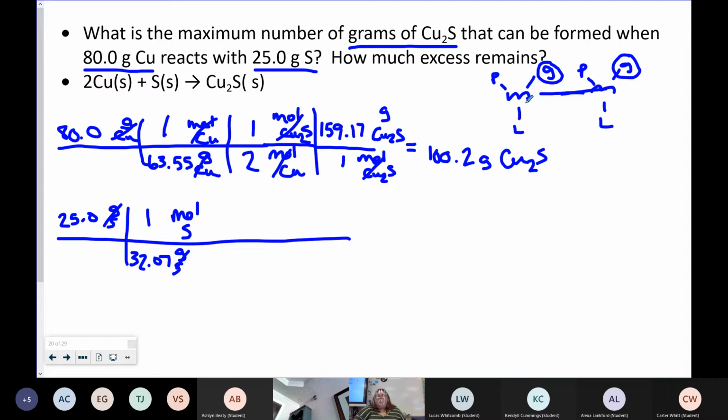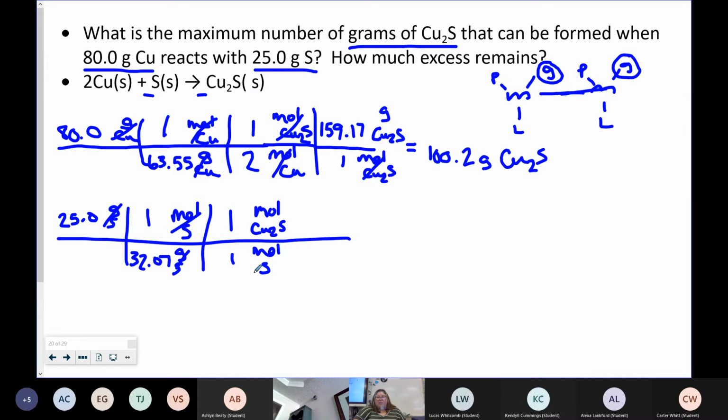So to get to grams of the copper 1 sulfide, we first have to get to moles of the copper 1 sulfide. So where should moles of sulfur go in our next step? Yep, down at the bottom. So change into moles of the copper 1 sulfide. So looking at our coefficients, there's 1 sulfur, 1 copper 1 sulfide.